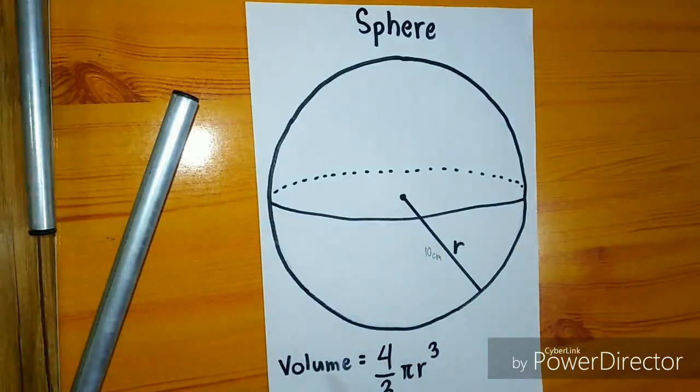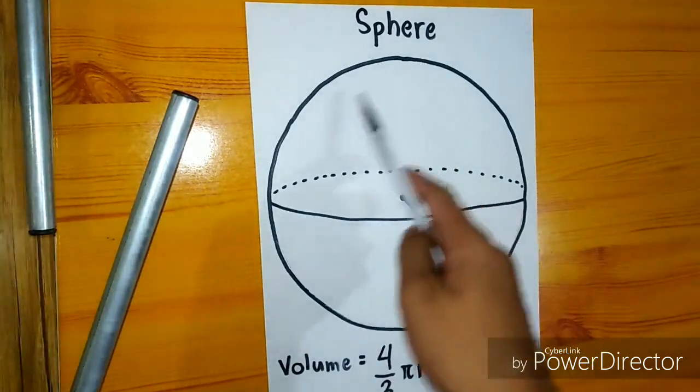A sphere is a spatial figure having all of its points the same distance from its center. The distance from the center to the surface of the sphere is called its radius. So this is a sphere.